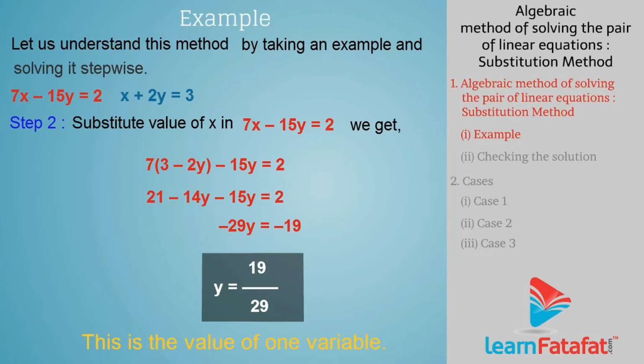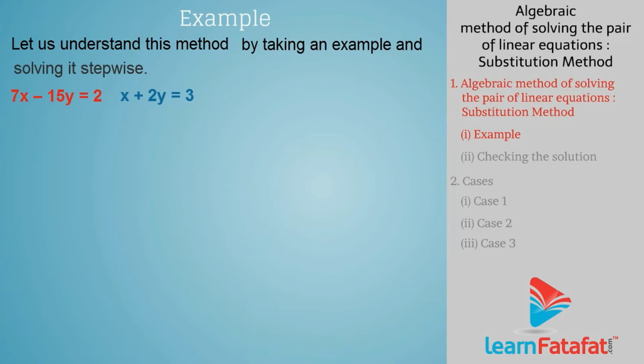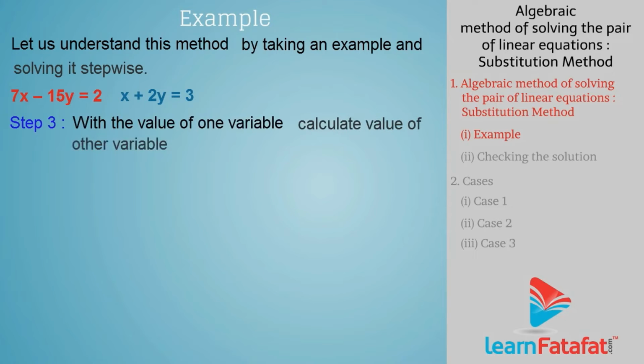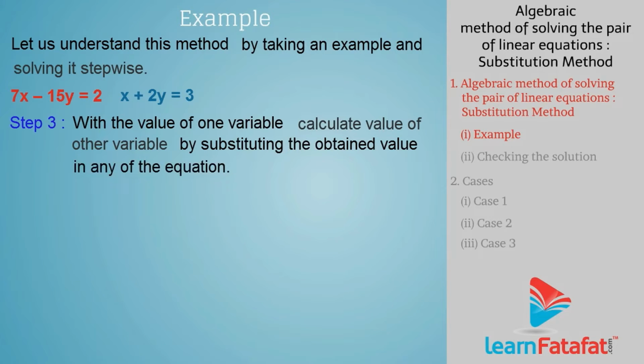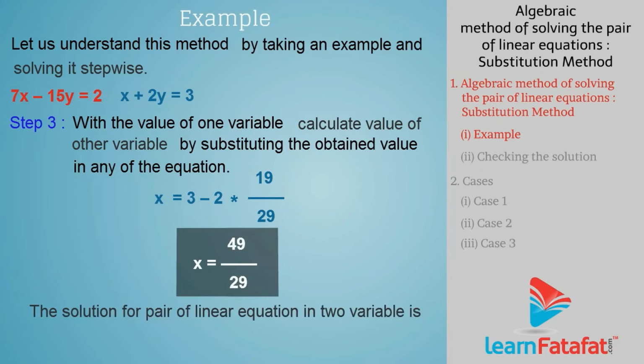This is the value of one variable. Step 3. With the value of one variable, calculate the value of the other variable by substituting the obtained value in any of the equations. We get x is equal to 49 by 29. The solution for the pair of linear equations in two variables is x is equal to 49 by 29, y is equal to 19 by 29.